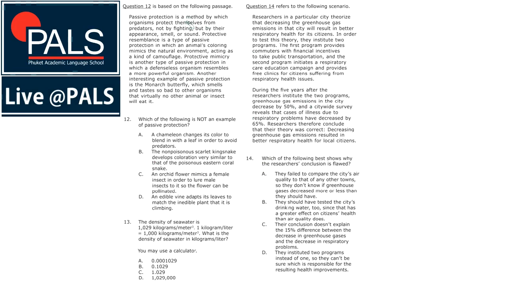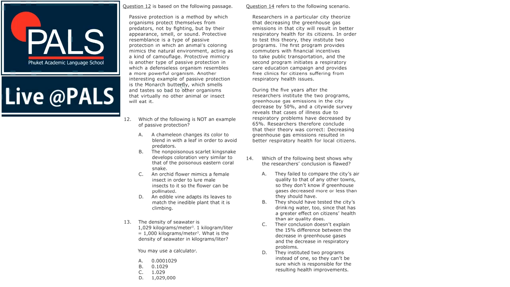12 is based on the following passage. Passive protection is a method by which organisms protect themselves from predators, not by fighting, but by their appearance, smell, or sound. Protective resemblance is a type of passive protection in which an animal's coloring mimics the natural environment, acting as a kind of camouflage. Protective mimicry is another type of passive protection in which a defenseless organism resembles a more powerful organism.